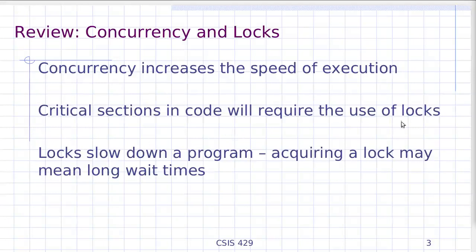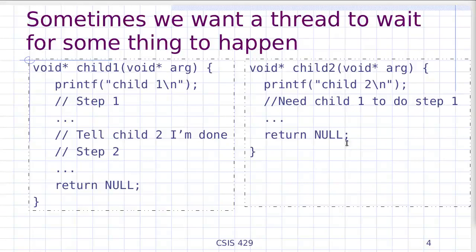Even though locks work, they slow down a program, and if you have a lot of contention for locking, that might result in making our code slower, unfortunately. So locks do solve problems, but sometimes we need something else.